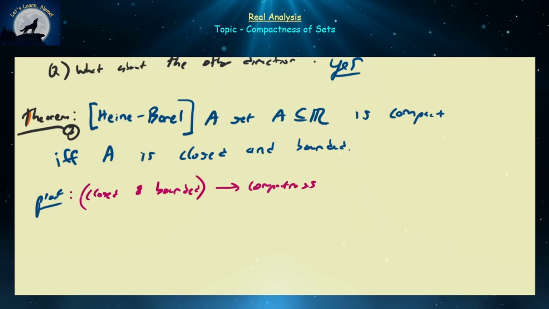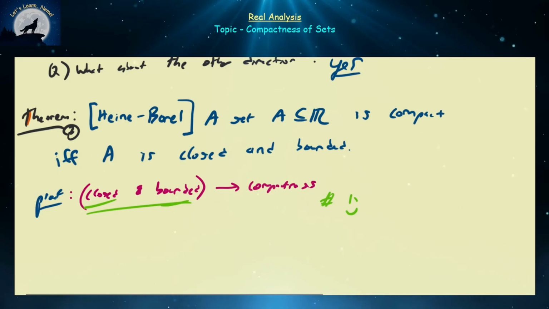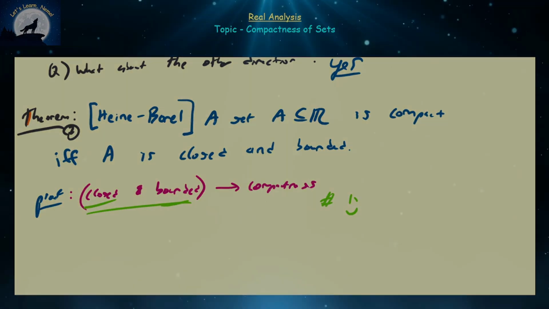And again, if somebody says, does closedness suffice? No. Is bounded enough? No. But if you have both of them, indeed, yes. And again, this proof is a little bit more involved, but I'll let you see if you can figure that out. Once you do, it is definitely satisfying if you can get it on your own.